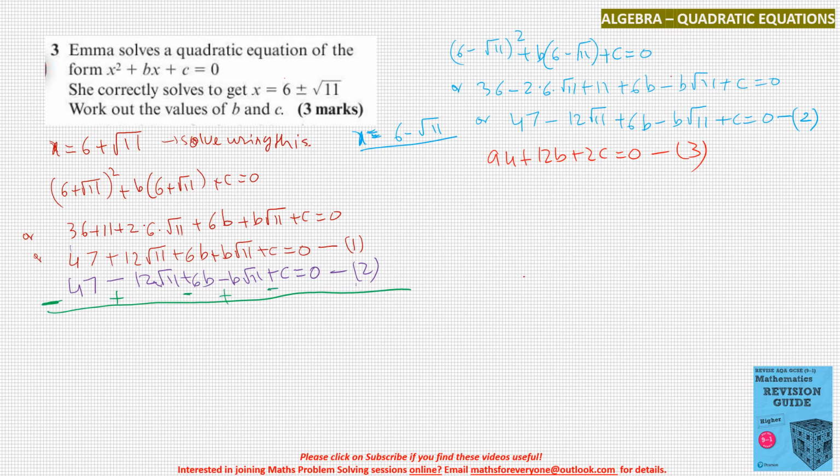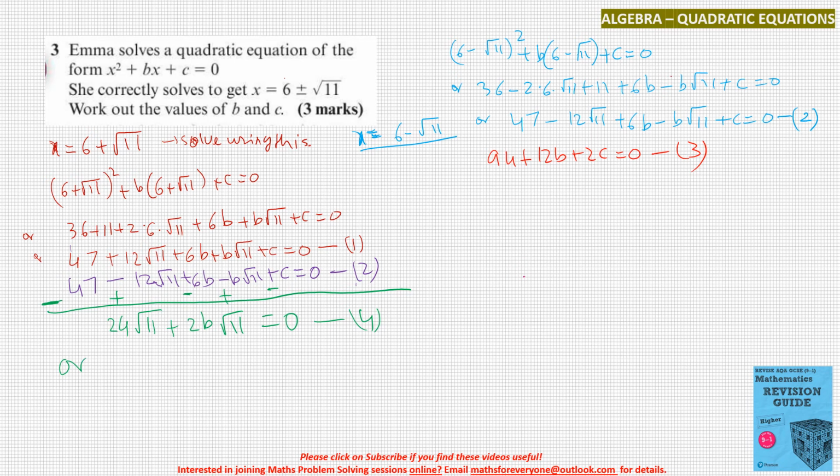I am left with 12 plus 12, that is 24 root 11. And then 6b cancels out, plus b root 11 plus b root 11, 2b root 11 equals 0. So this can be my equation 4.